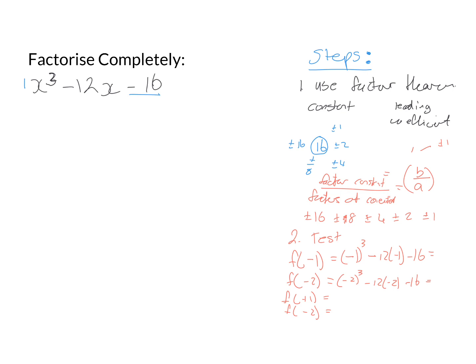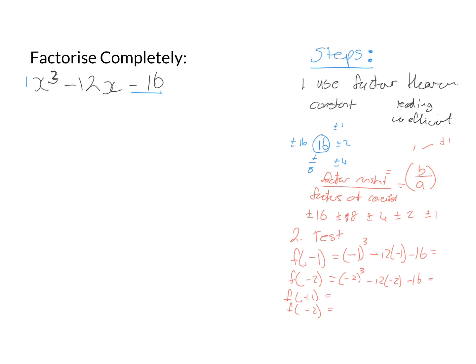So negative 1 becomes negative 5, and this becomes 0. Just to finish off here, we get 1 cubed minus 12 times 1 minus 16, which in this case gives me negative 27.